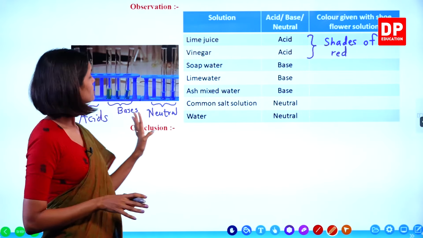Even after adding the shoe flower boiled water, did you see any color change? No, it was still colorless. It means shoe flower boiled water does not change the color of the neutral substances. Therefore, for the last two things, I will write no color change.